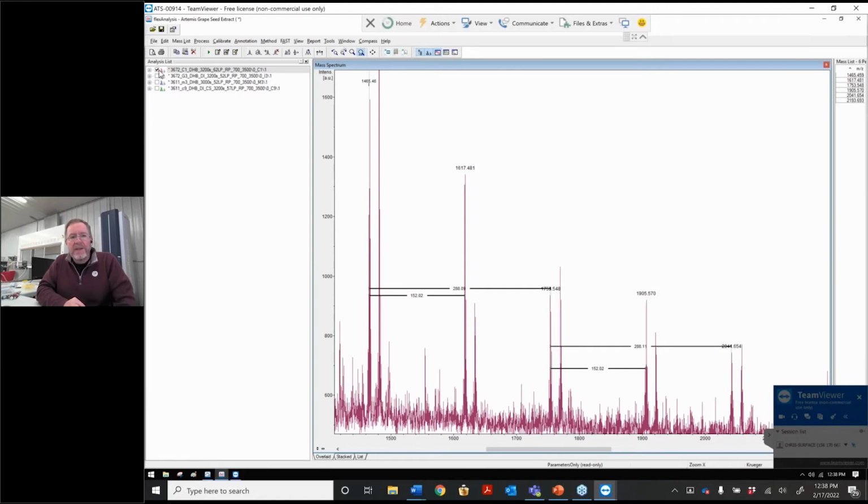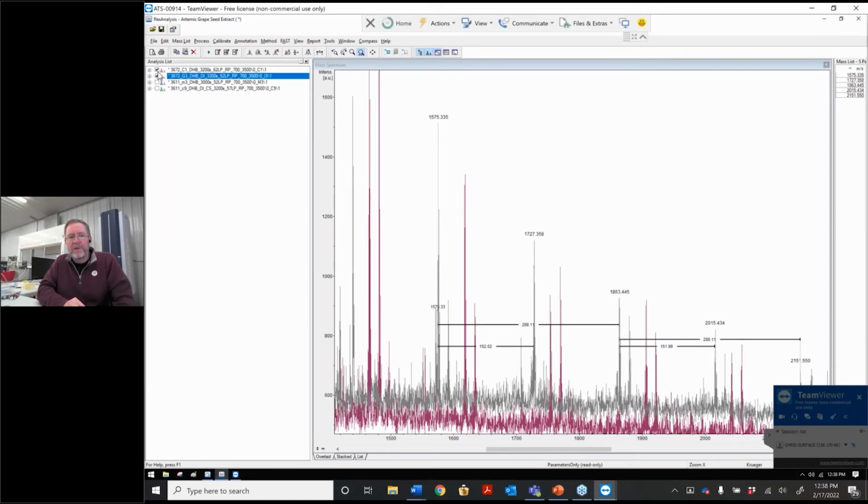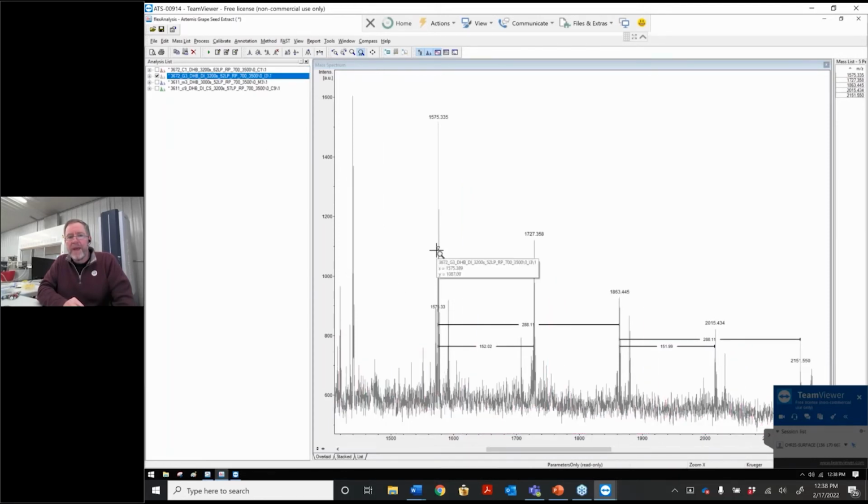And when we deionize and add cesium, we're shifting from this purple mass, 133 mass units, to a cesium adduct. And I'm going to now label those. I'm going to make this first one disappear. And again, we see that 288 difference and 152.